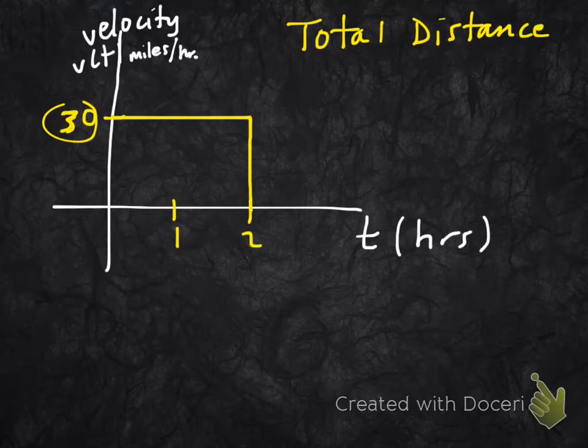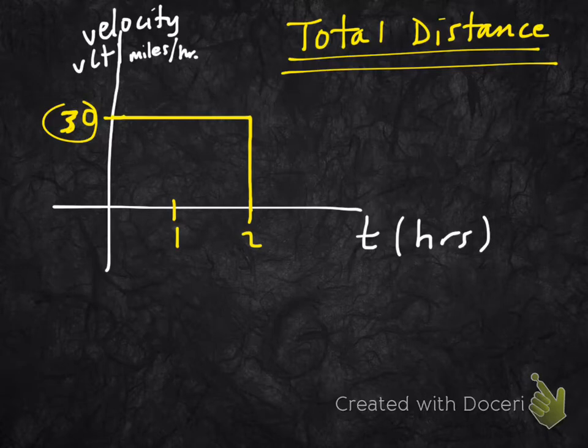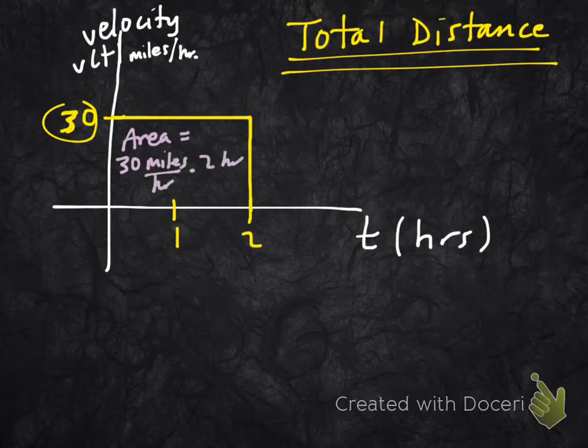So the total distance traveled, if we take a brief break here and ask what's the area of this rectangle? The area is 30 miles per hour times 2 hours.